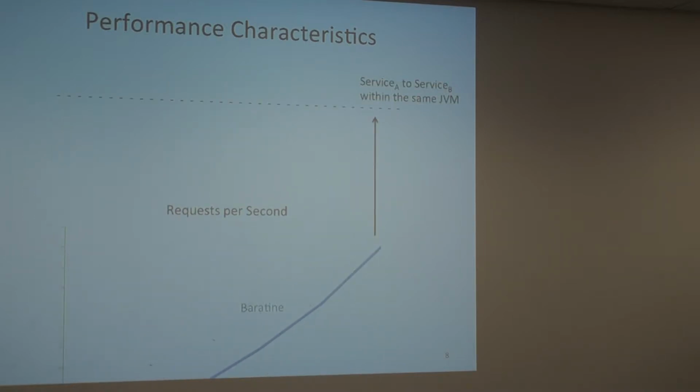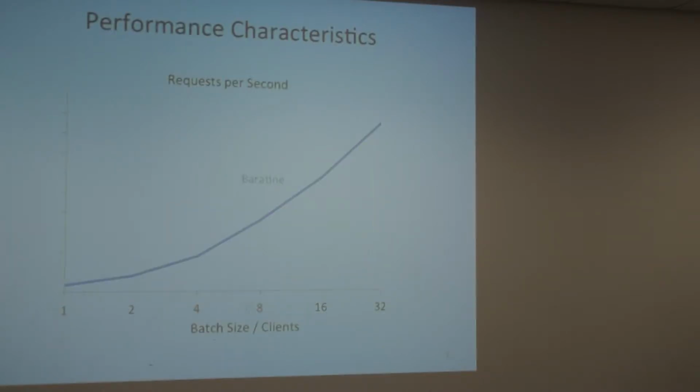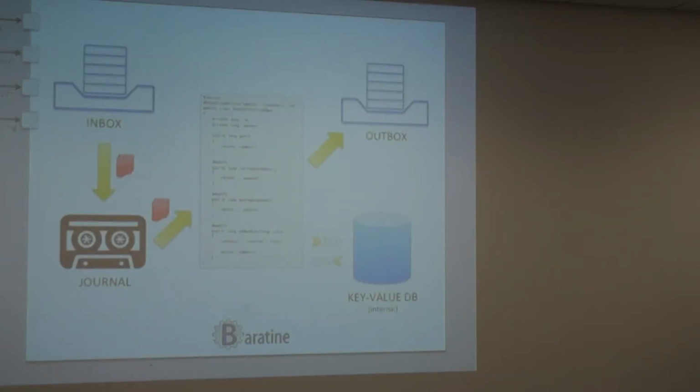And there's a special case. If your client is not HTTP, but a service within Baratine, you get much higher performance. Because if you go back to our diagram, we batch on the inbox, but we can also batch on the outbox.